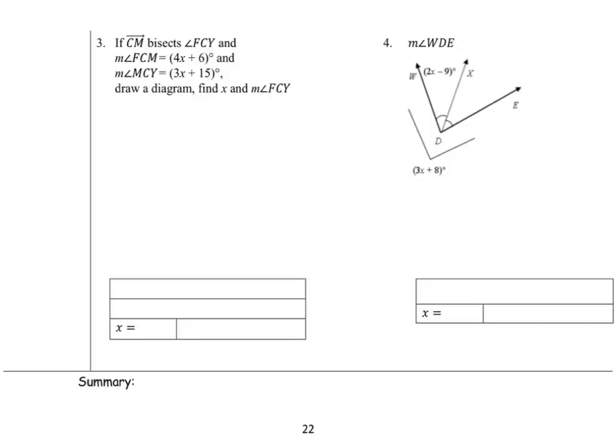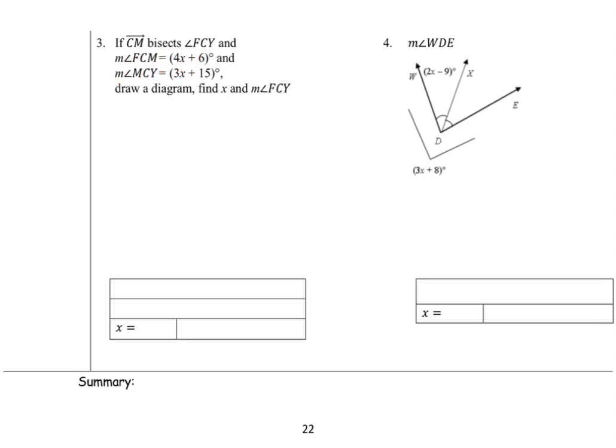On this next example, we're given a description instead of a picture. So we're going to draw a diagram, find x, and solve for the given angle. So it says if ray CM bisects angle FCY, and I'm just going to stop there because we have to get our diagram first before we label this.